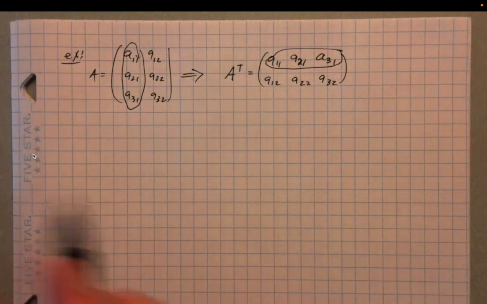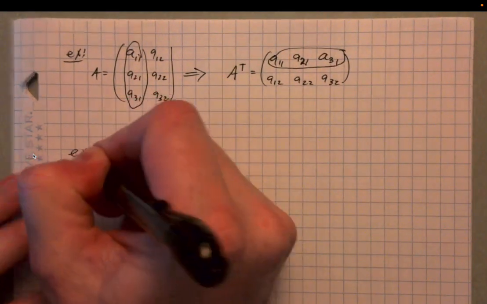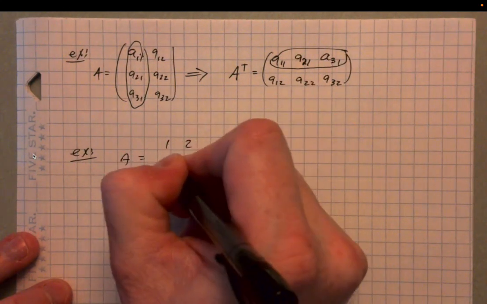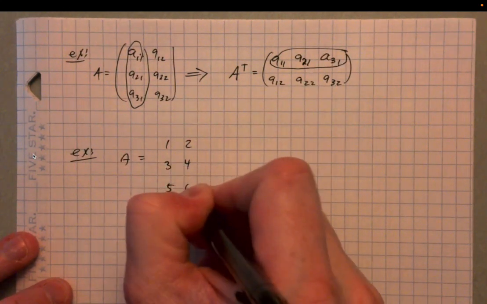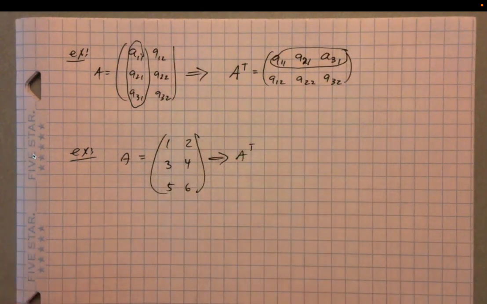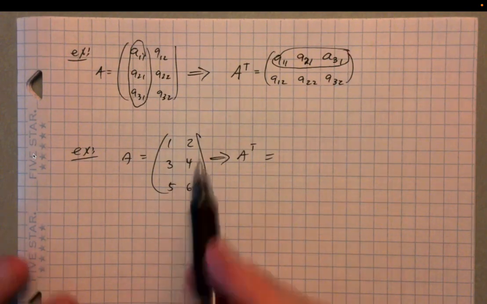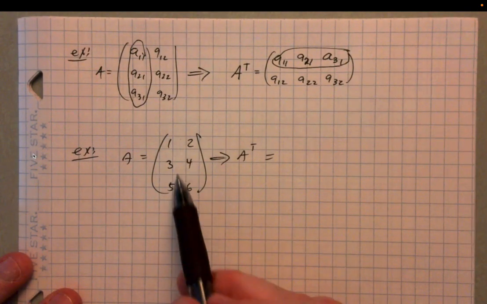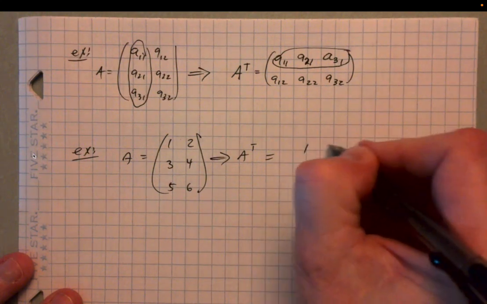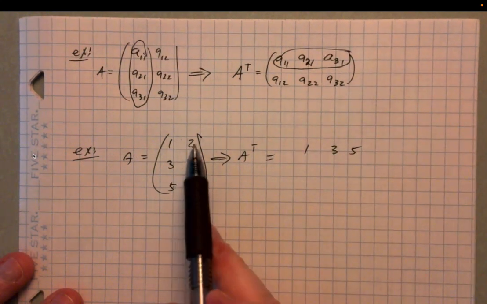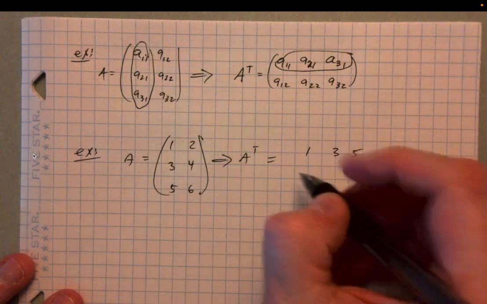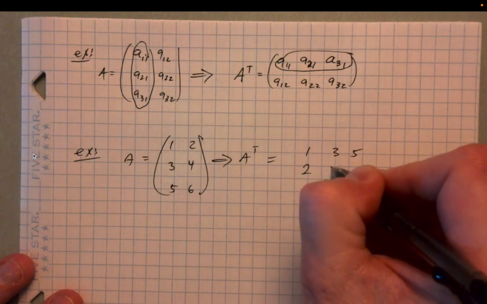Let's do an example with real numbers. A equals 1, 2, 3, 4, 5, 6. Then the transpose of A: 1, 3, and 5 are the first column, so they become the first row of the transpose: 1, 3, 5. And 2, 4, 6, the second column of A, becomes the second row of A transpose.